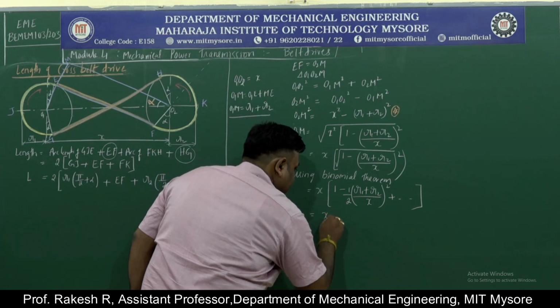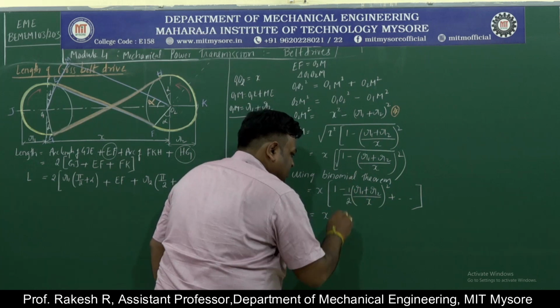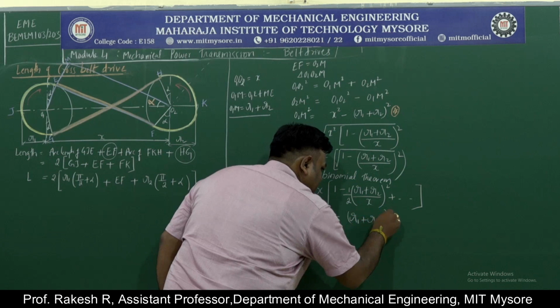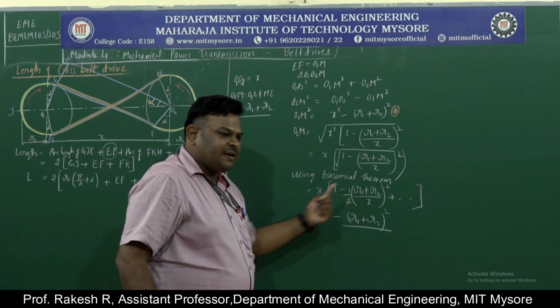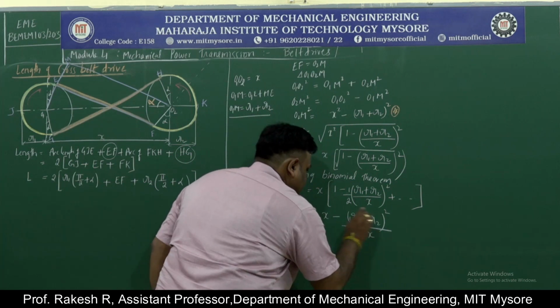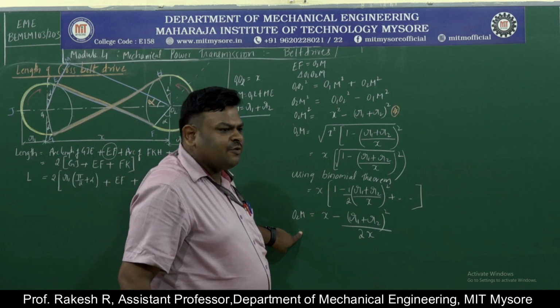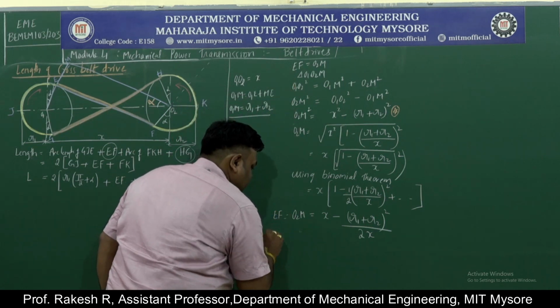Multiply x here, x minus, if I multiply x, this x and this x will cancel. (R1 plus R2) whole square divided by, again x and x square will get cancelled. I will be left out with 2x. This is my O2M. Why I have calculated O2M is because of EF. EF is nothing but O2M.